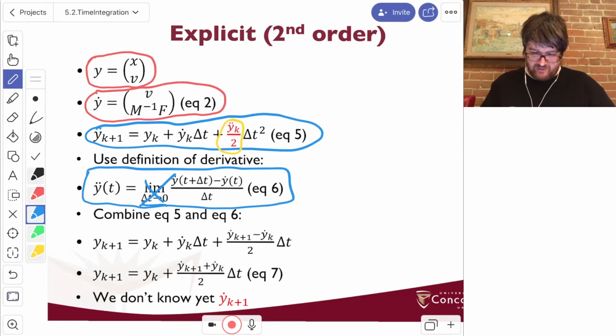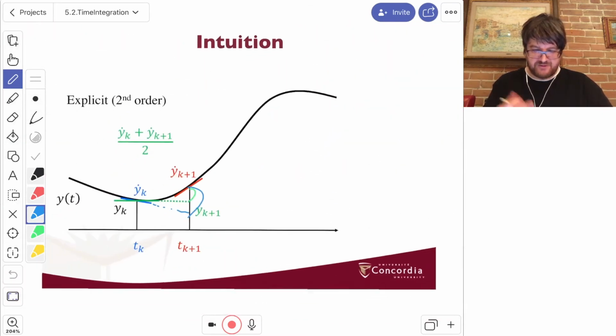Putting it together, we have y_{k+1} equals y_k plus the first derivative at k times delta t plus the first derivative at k+1 minus the first derivative at k, divided by 2. With a little manipulation, you see that y_{k+1} equals y_k plus the average of the derivatives at time k and time k+1, which matches exactly this picture here.